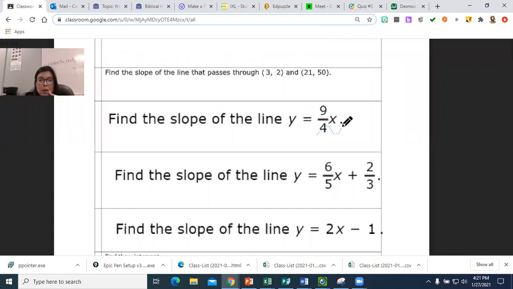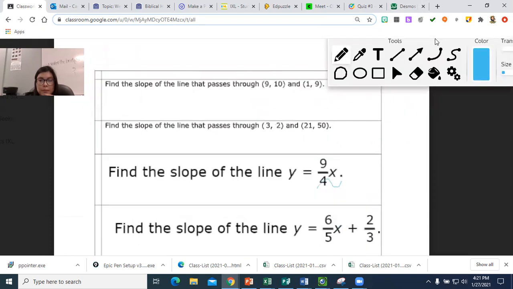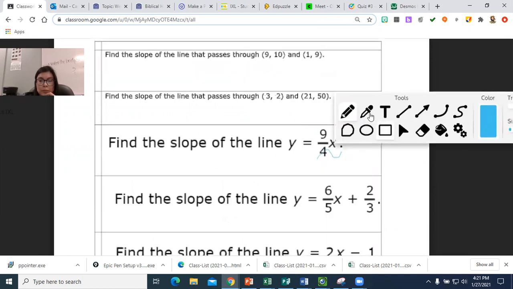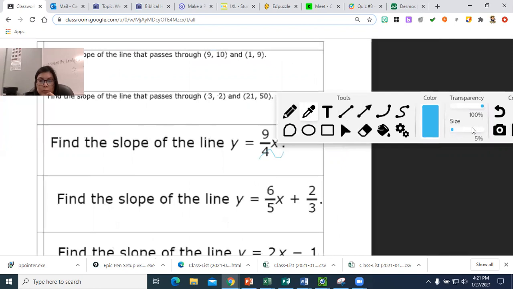Where are my options? There. Okay, that one has the x.